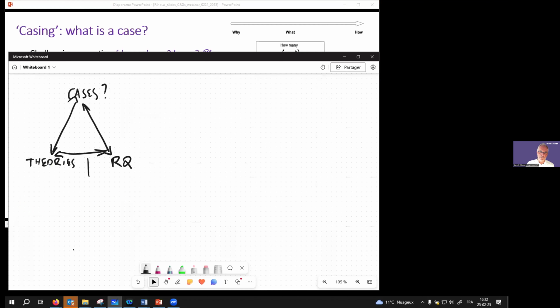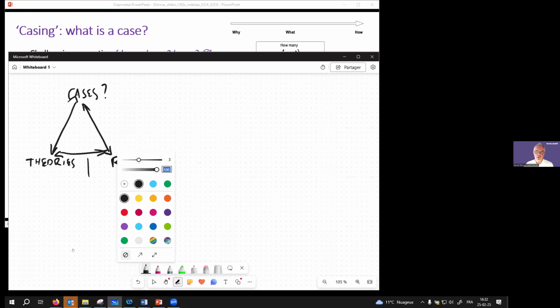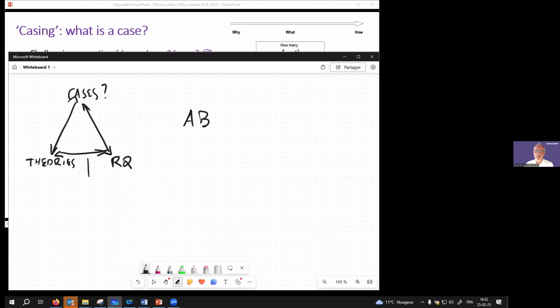This is perhaps an important buzzword here, something I've come across in the last few years, very important: abduction. So be abductive. It's in between, a back and forth between deduction and induction.